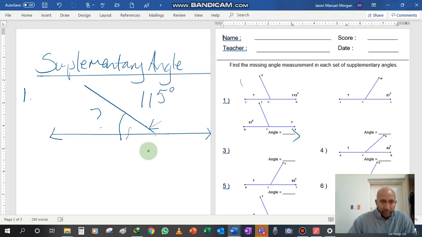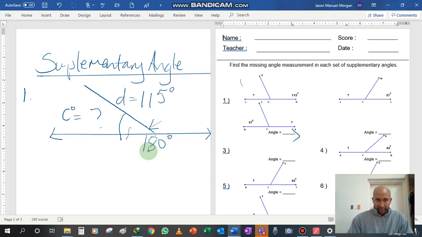So now what we want to do here is, we know that this is a supplementary angle, it's a straight line. We know that a straight line is always equal to 180 degrees. So all we're going to do is give this our letter name. Let's call this angle C, and this is angle D, which we know is 115 degrees. Angle C plus angle D is going to equal 180 degrees.